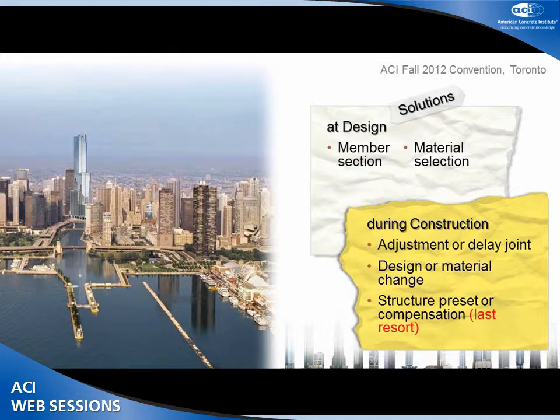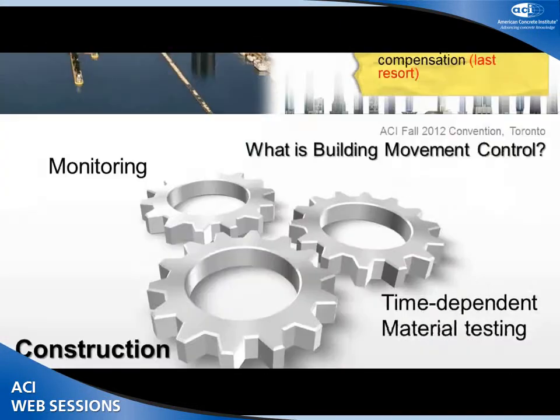If it's too late to change the design, we can use delay joint or adjustment joint, where the problem is expected to occur. As a final resort, compensation or preset is applied during construction. The Trump Tower is shown on the left. Due to the great amount of additional stresses from differential shortening between core wall and columns at irregular level, the structural designer redesigned the core wall using the strut-and-tie model.